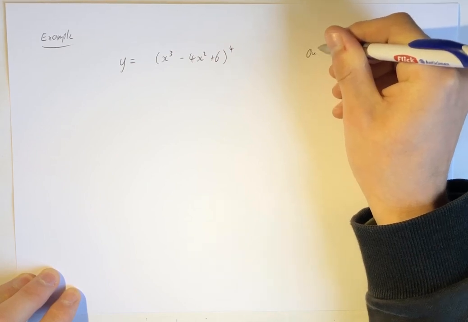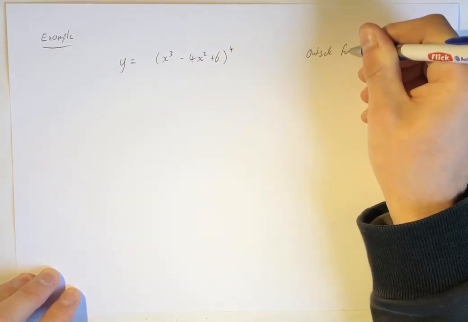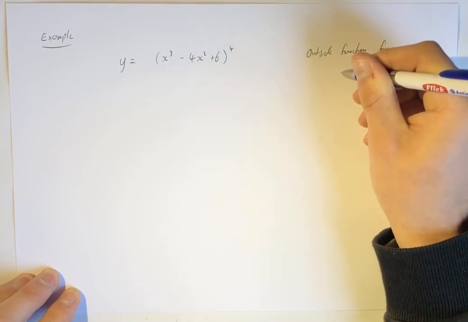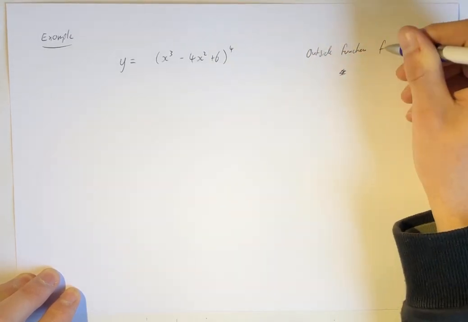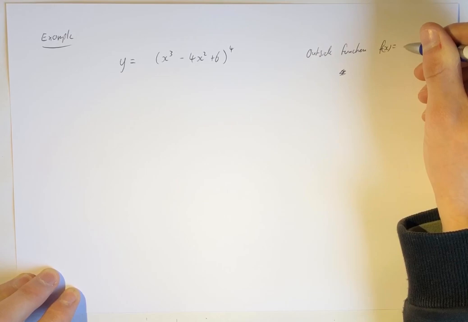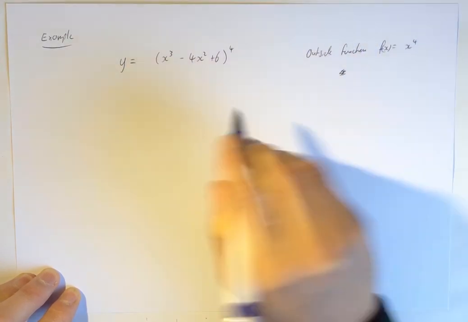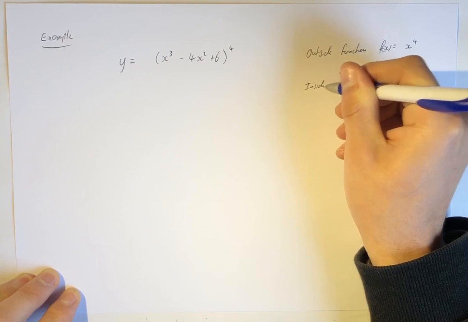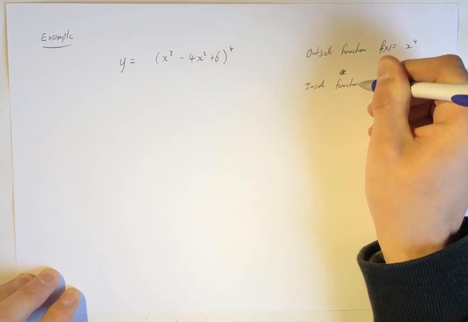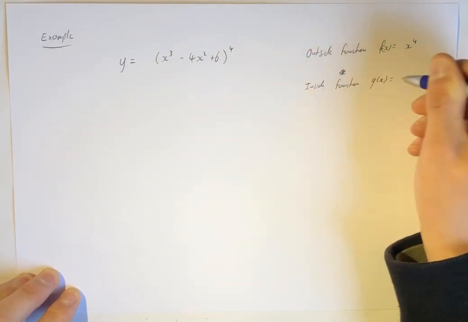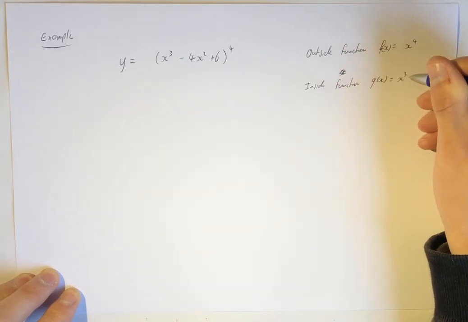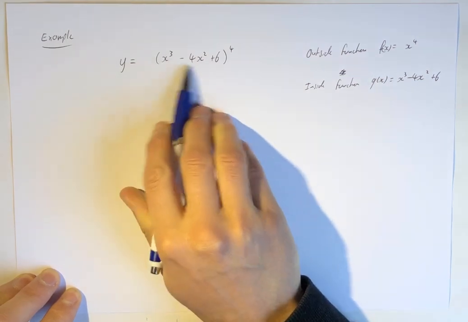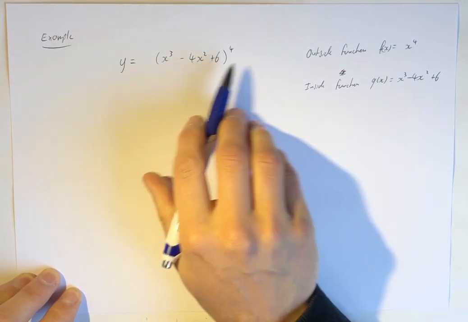So outside function, f of x is x to the 4, isn't it? It's taking anything, raise it to the 4th power. Inside function, g of x is the function on the inside. So x cubed minus 4x squared plus 6.